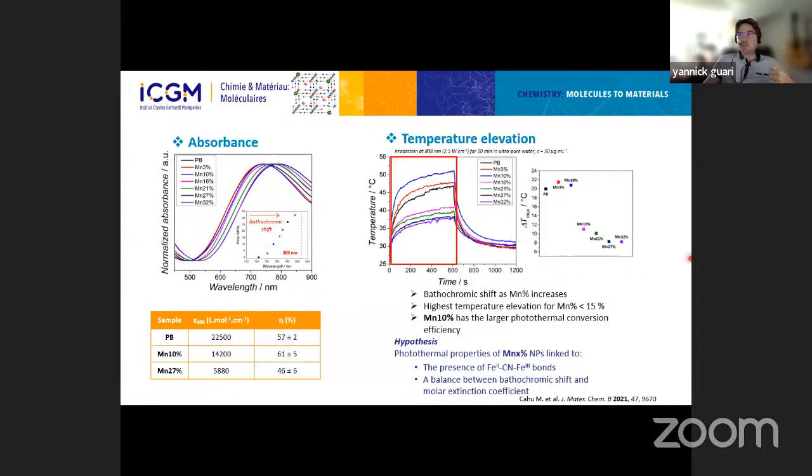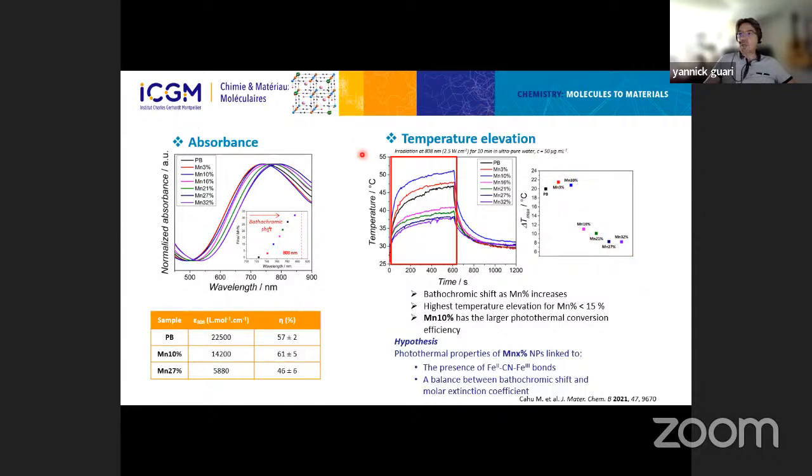So the resultant photothermal properties that you can see here are a balance between the bathochromic shift and the molar extinction coefficient. This leads to a better photothermal efficiency when increasing the amount up to 10% maximum, and then we observe a strong decrease.